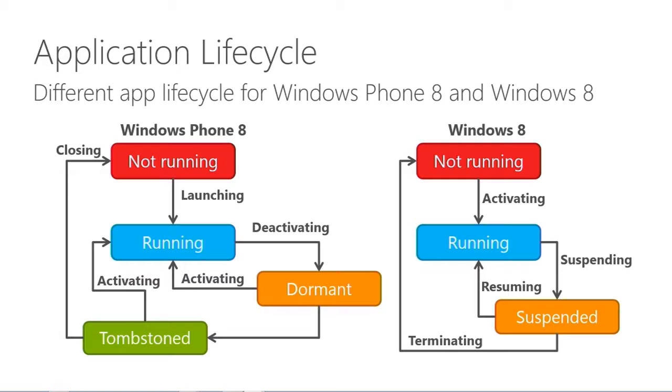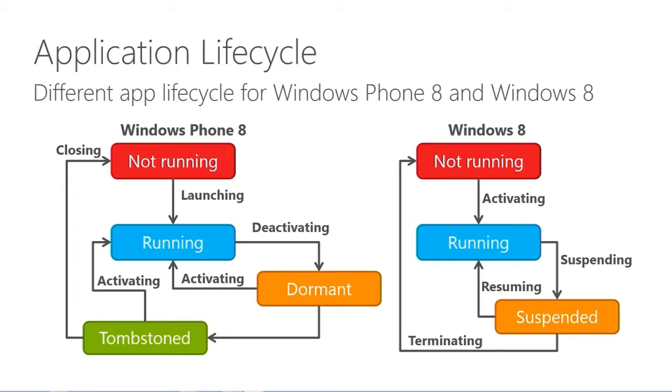If the operating system detects that it's out of memory, the app is tombstoned. There is no event. You don't see that. And so you have to use the deactivating event to save your state at all times. And then even when your app is tombstoned, you might get an activating event saying you're coming back from a tombstoned state. Or the app may just be closed and go into a non-running state.